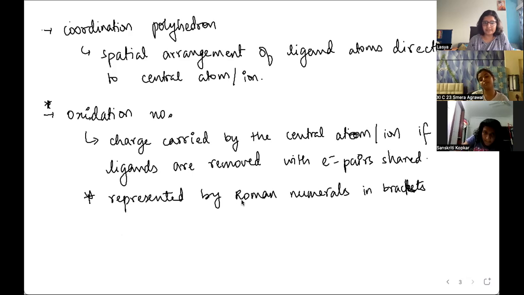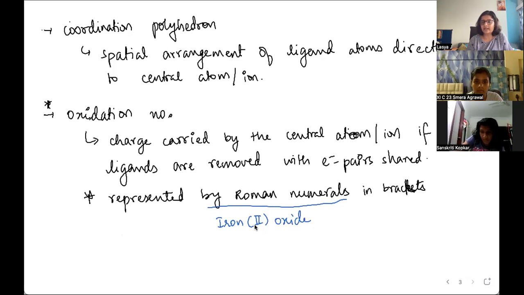So if I write iron(II) oxide, I'm saying that iron has a +2 charge. The charge carried by it is 2, so you can figure out the formula is FeO. Even when we do nomenclature, that's what comes up. You have to mention the oxidation number of the central atom.